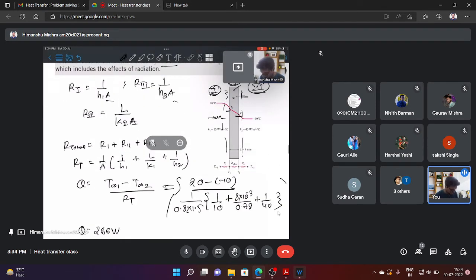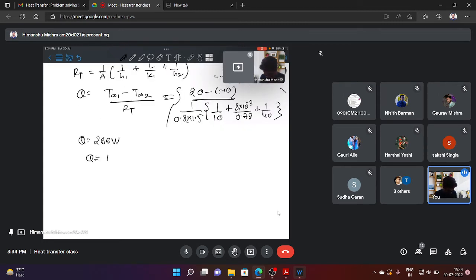Now we need to define the temperatures T1 and T2. So we need to incorporate how the heat transfer is taking place at T1 and T2. In the first region, the heat transfer will take place due to convection, so we use Newton's law. The temperature will change from 20 degrees Celsius to some T1 due to the convection here.